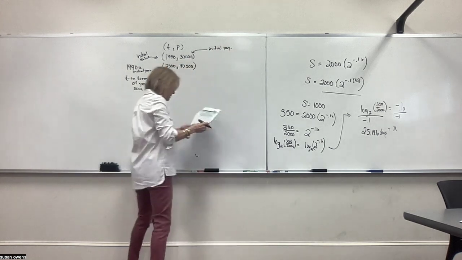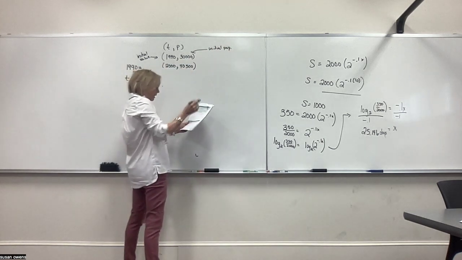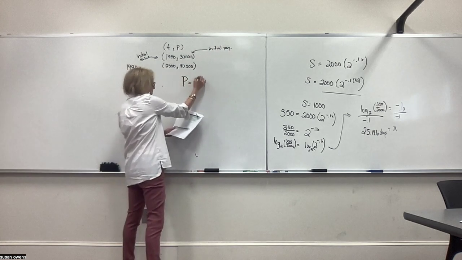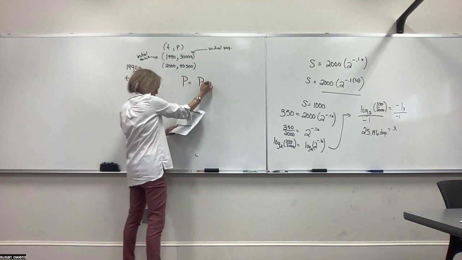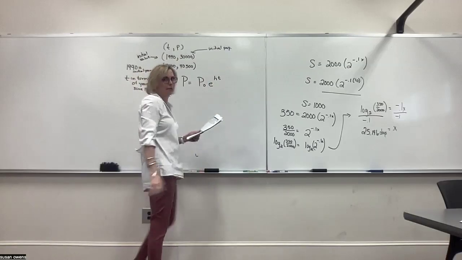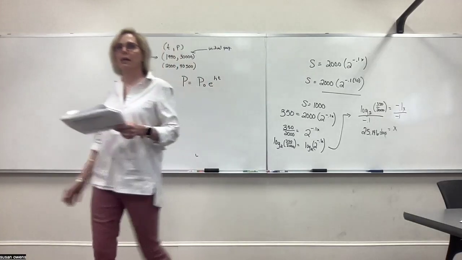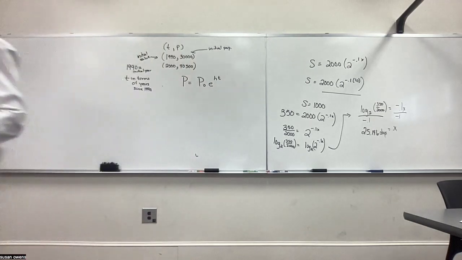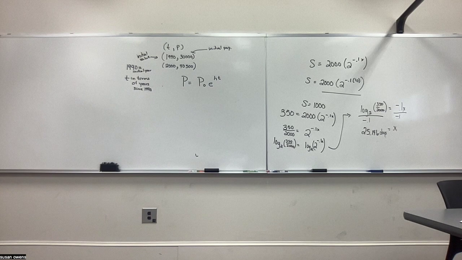Okay. So I have P is equal to P sub O e to the hT. That's the equation they gave me. From that 1990, T would be 0 there, so that's not very helpful. But where does the 30,000 go?